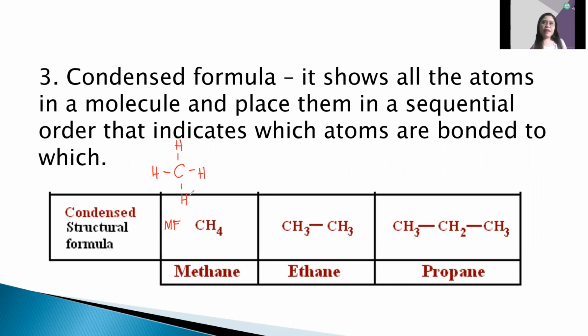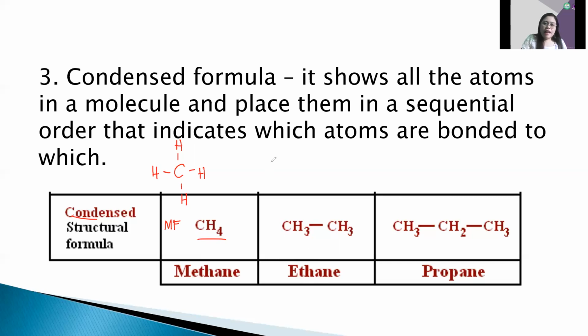If we write the molecular formula, that's C and then four hydrogens, so CH4. And for the condensed formula, since all are bonded with carbon, we can just group them together as CH4. That is simply methane, which is actually the simplest organic compound. But how about, for example, ethane?